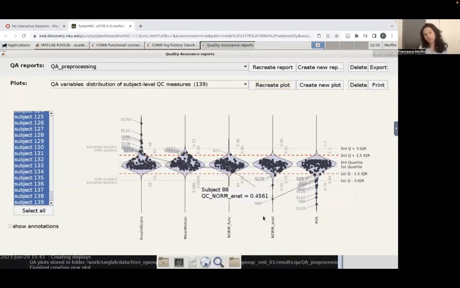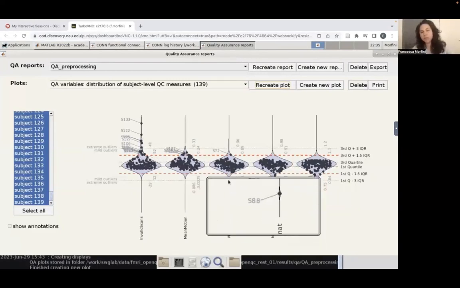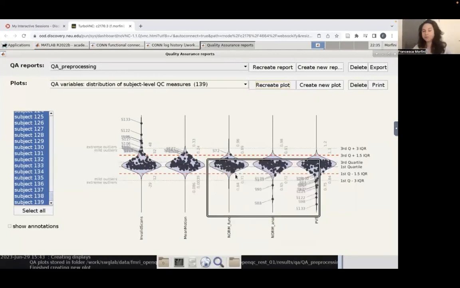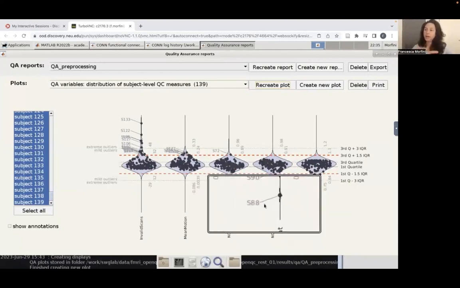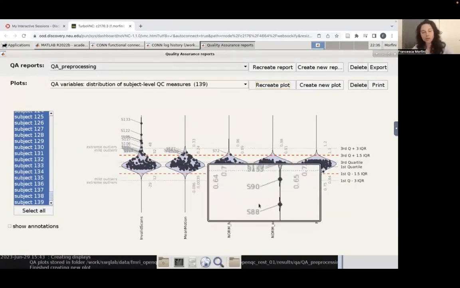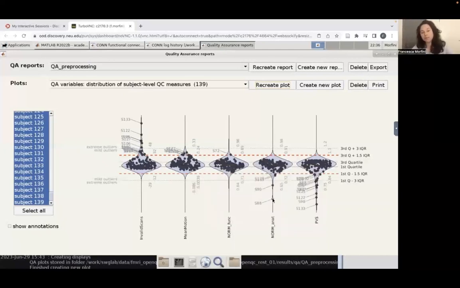And here we have two examples that are well below the extreme outlier threshold, which is initially a useful threshold to consider, or at minimum to double check with some more thorough qualitative or visual inspection plots or ways to visualize the data. So, for example, subjects 88 and 90 are performing significantly lower, and then there are a couple of other ones.